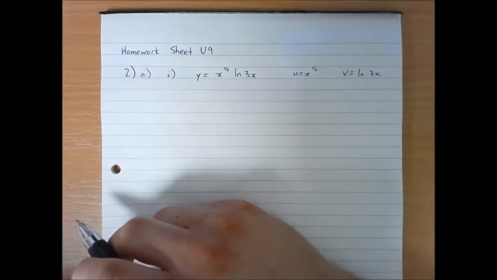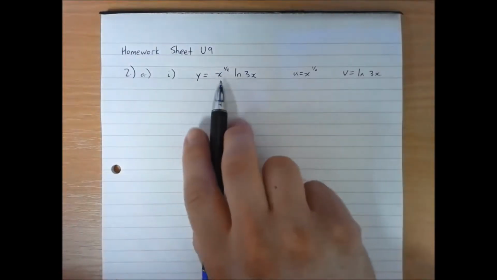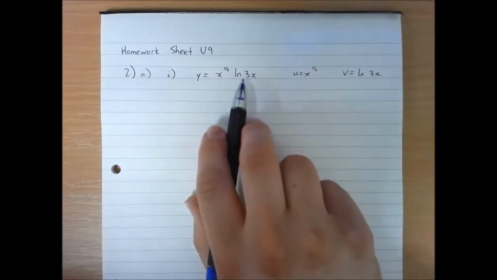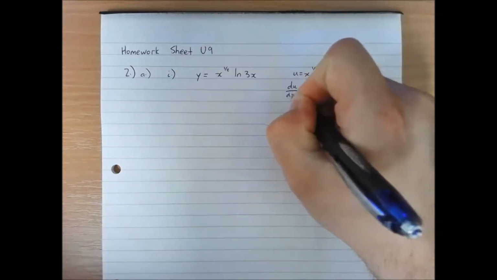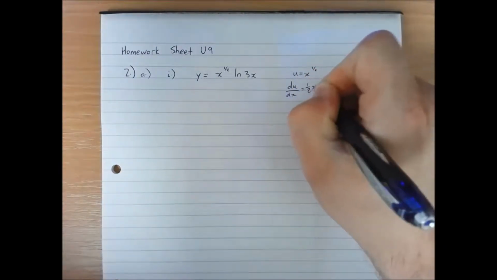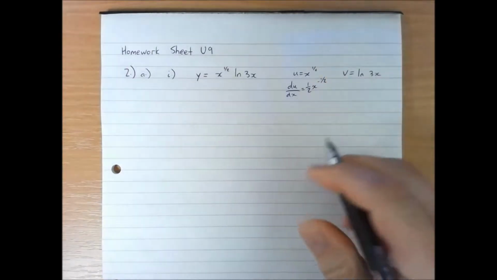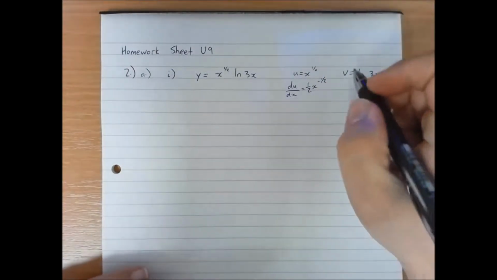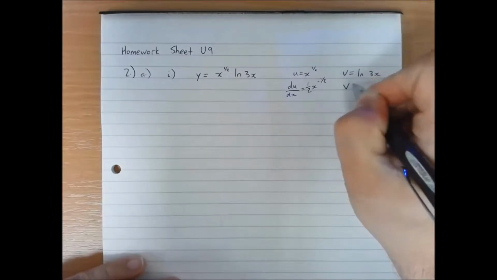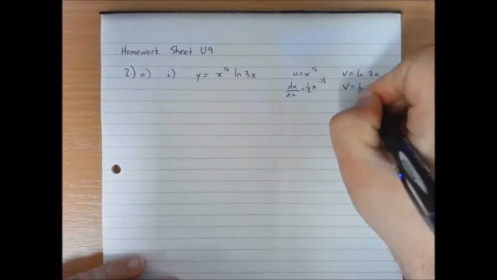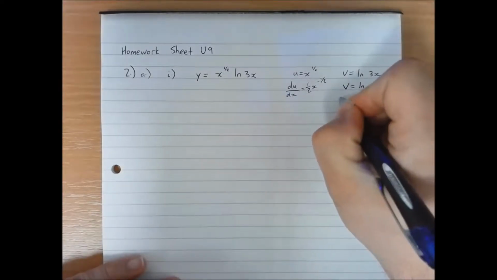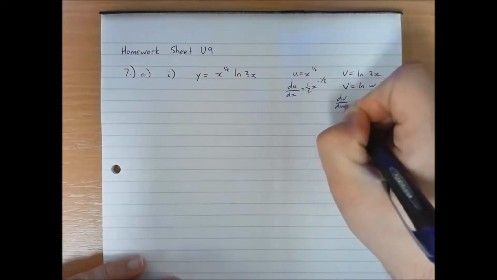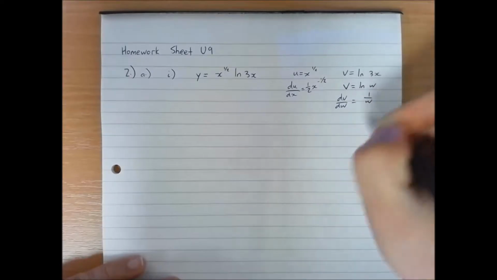This is a question for the product rule, so I've split up my parts into u equals x to the half and v equals log 3x. I need to find du dx, which is half x to the minus half, and I also need to find dv dx, but this is a chain rule problem. So I'm going to make the substitution 3x equals w to get v equals log w, and then dv dw is just 1 over w.